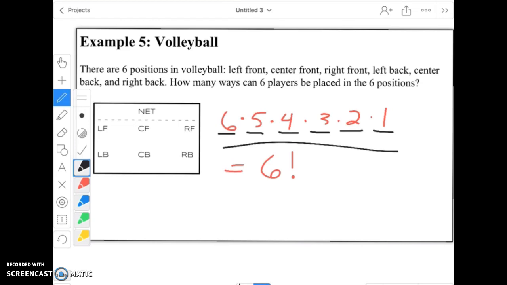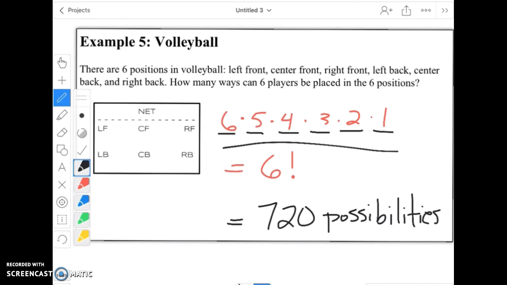So if we want to figure that out, we have 6 times 5 is 30, times 4 is 120, times 3 is 360, times 2 is 720, times 1 is still 720. So we have 720 possibilities if we have 6 girls on a volleyball team with those 6 positions.